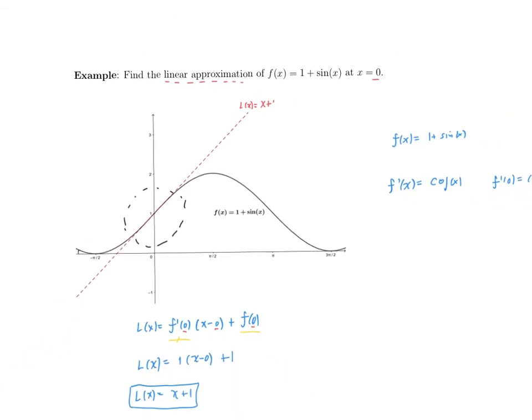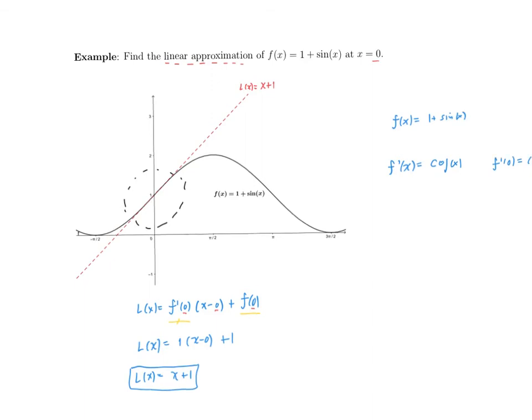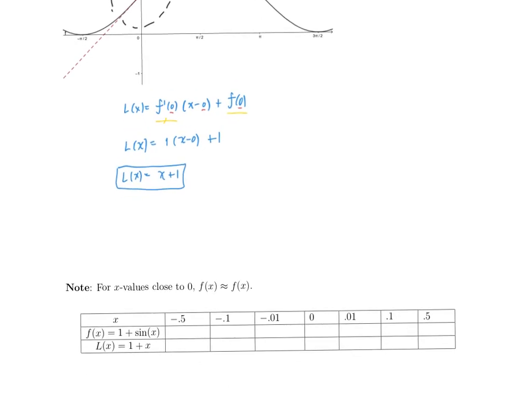So we're claiming that this tangent line is going to give a good approximation to the curve for values close to 0, where we have found the tangent line. And we should be able to verify this claim just by evaluating the function and the tangent line close to 0 and comparing their values. So for example, in this table, we're substituting in values of x close to 0 on either side.